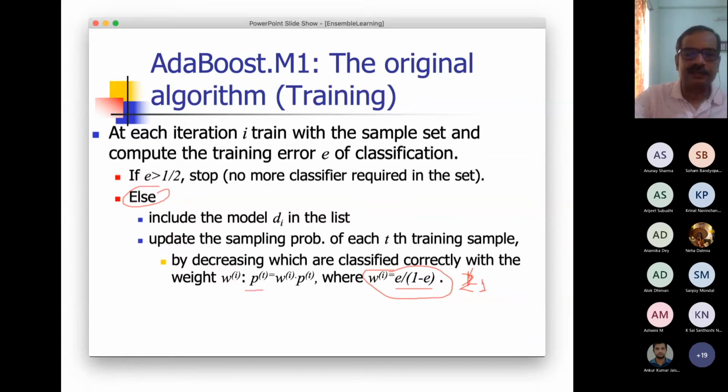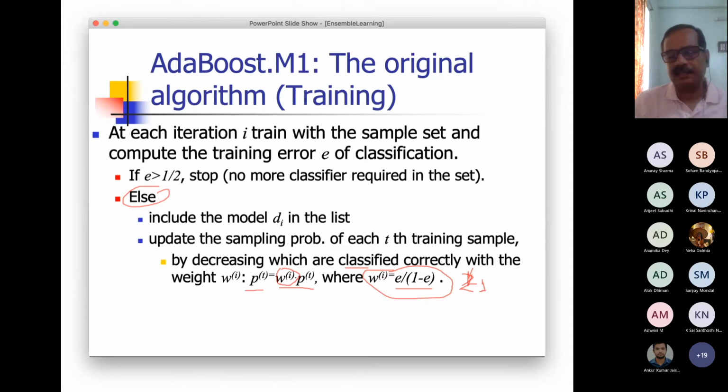So in this case, the probability is getting reduced, because you are multiplying the probability by a fraction less than 1. So after the update, the probability of the correctly classified sample gets reduced.